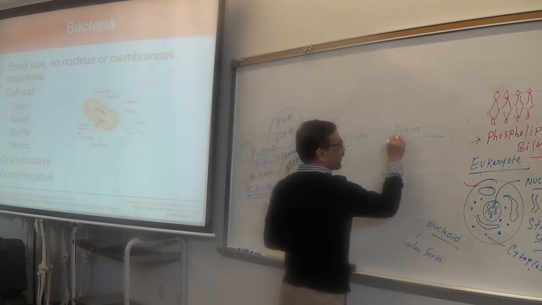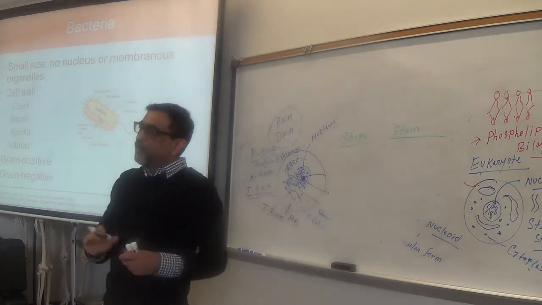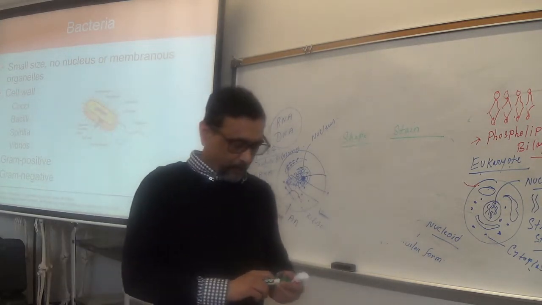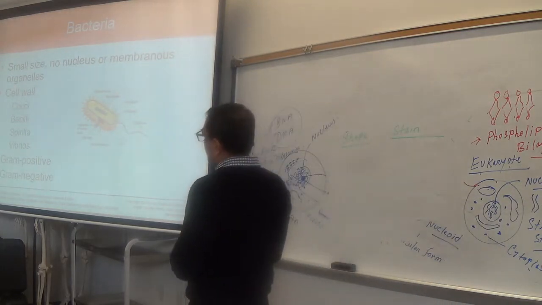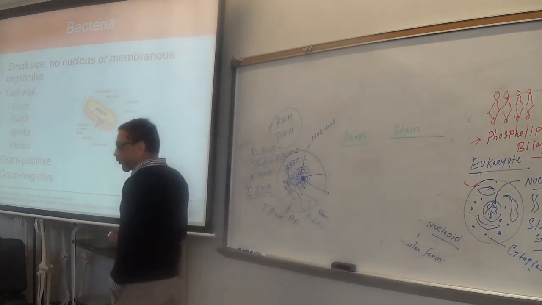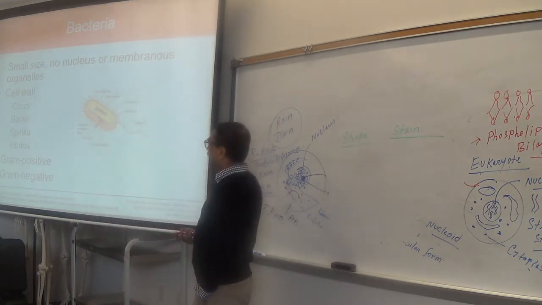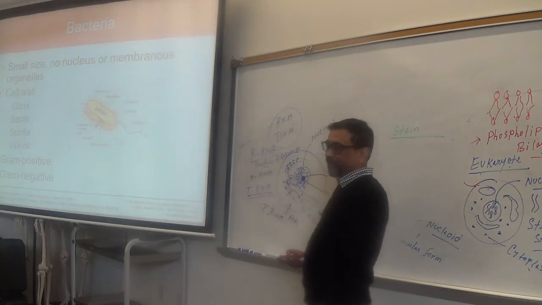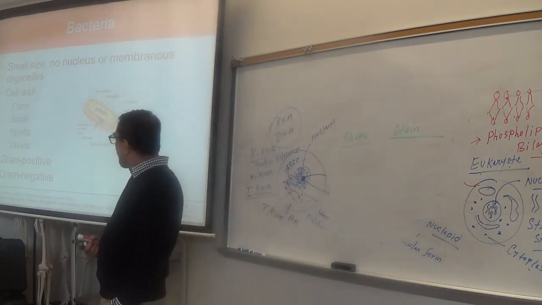Based on the shape, we divide the bacteria into the following types: cocci, bacilli, spirilla, and vibrio. So those are common types.